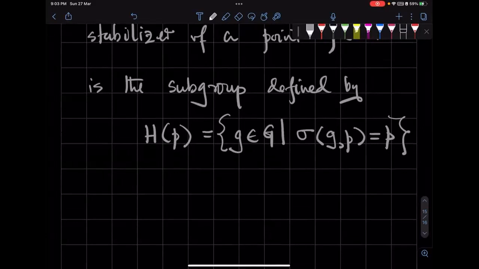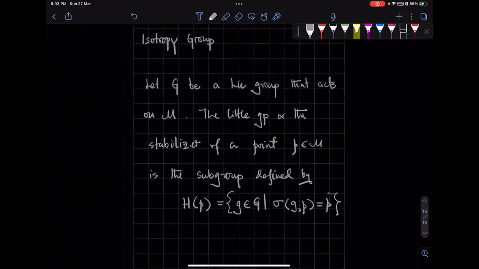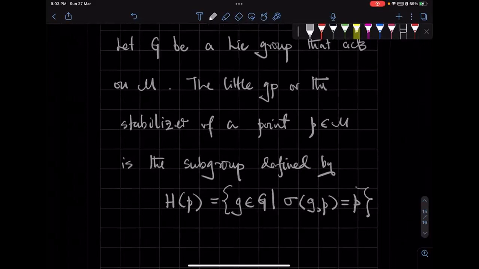Again, there is some group G, it acts on some manifold M, there is some point P on this manifold, and there's a subgroup of G such that when elements of that subgroup act on P, it doesn't change P. You can show that that subset is actually a subgroup, and that subgroup is called the stabilizer group.